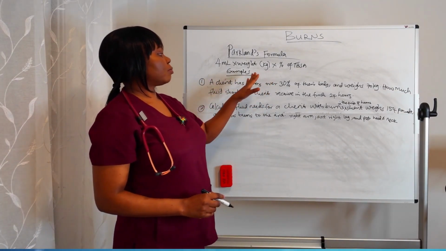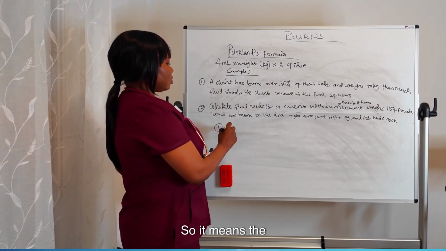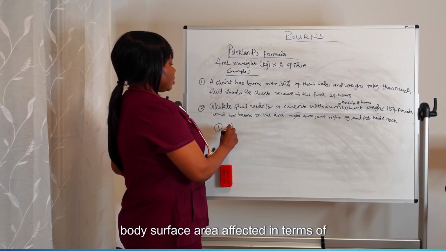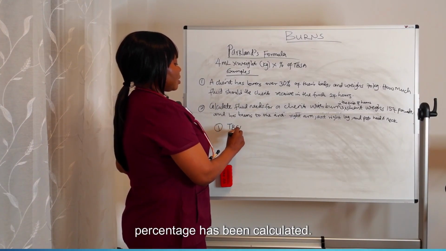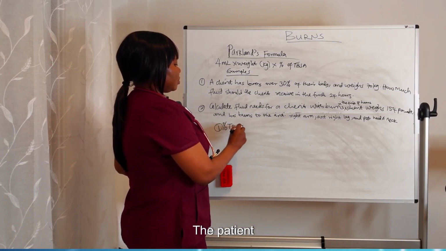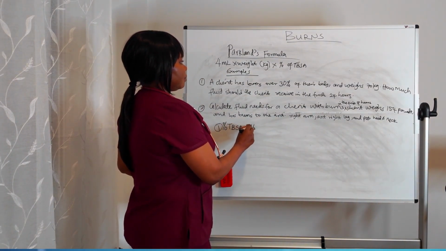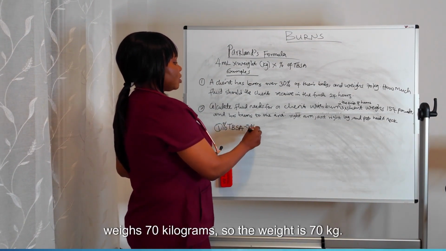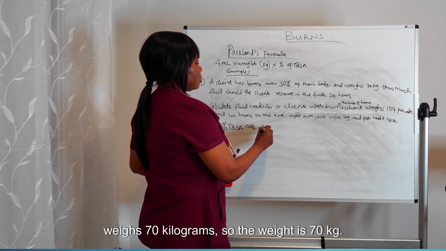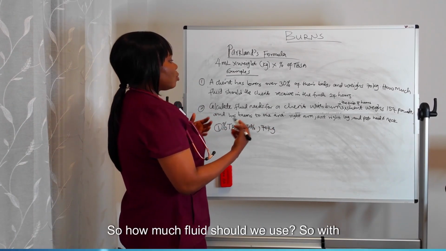So the patient has burns over 30% of their body. So it means the total body surface area affected in terms of percentage is 30%. The patient weighs 70 kilograms, so the weight is 70 kg. So how much fluid should we use?